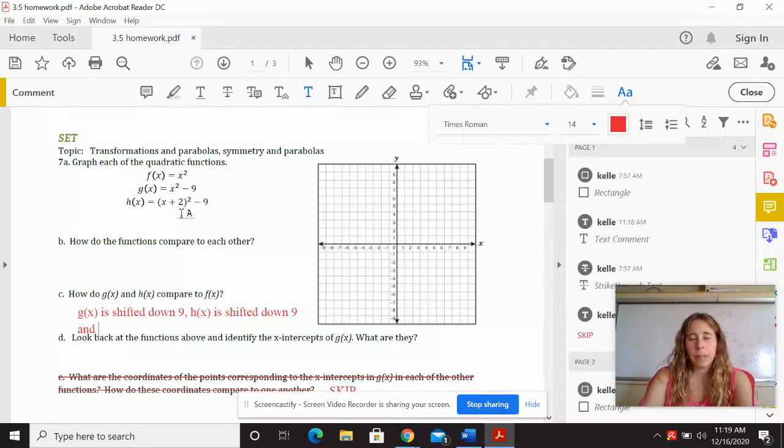If it's inside the parentheses with the x, it's either going to move it left or right. It's positive 2, so you do the opposite. So you would think positive 2 would be to the right, but it is the opposite. It is shifted 2 to the left.